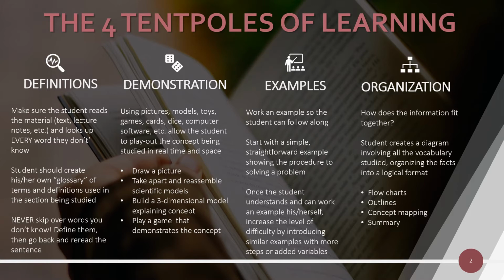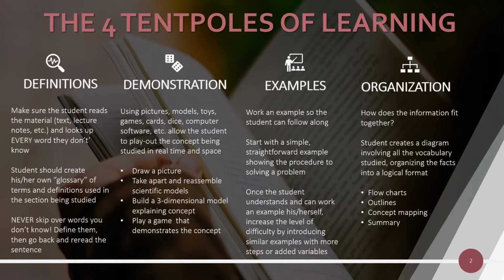Definition is something that I've talked about before, but it's worth repeating. You make sure that the student reads the material and looks up every word they don't know. Never skip over the words you don't know, and don't just try to figure out the meaning of the words from the context of what you're reading.